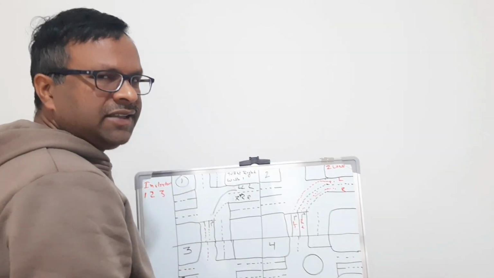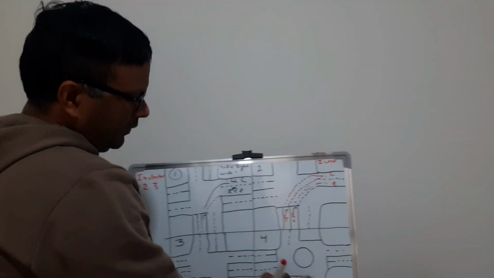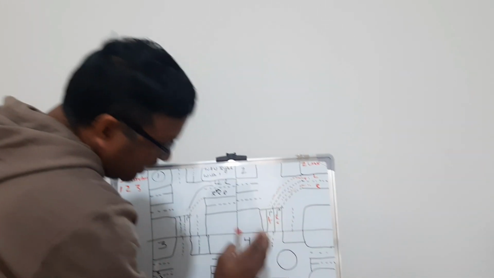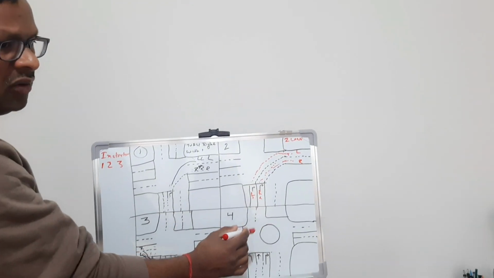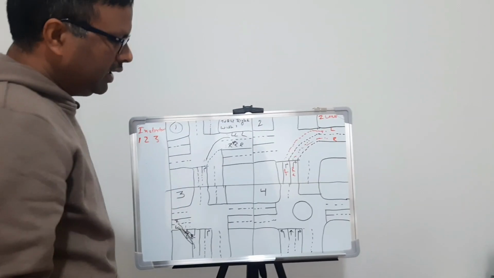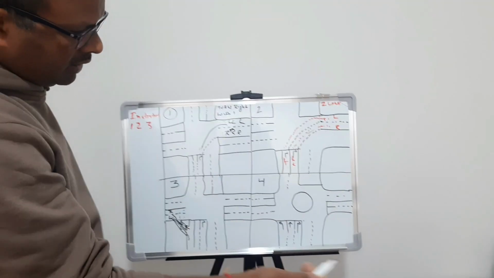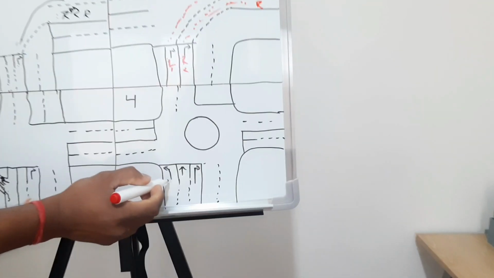Okay, so friends, the fourth one is a roundabout. Here they can ask you, next roundabout, turn left into the left lane, or turn left into the right lane. Same here, you're on the left lane.